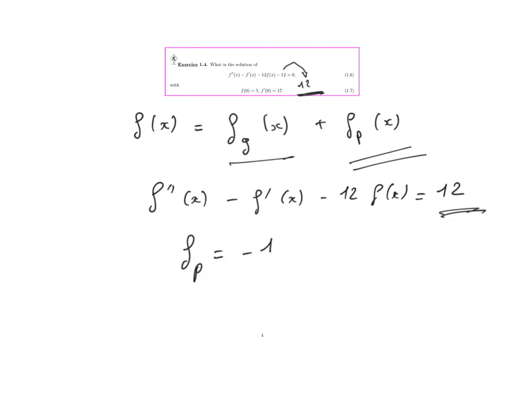Because if we derive it, f prime is 0, and f second is also 0, so we have the particular solution fp equal to minus 1.